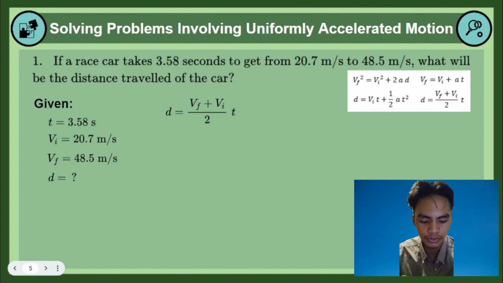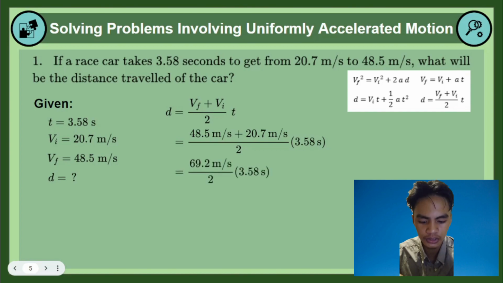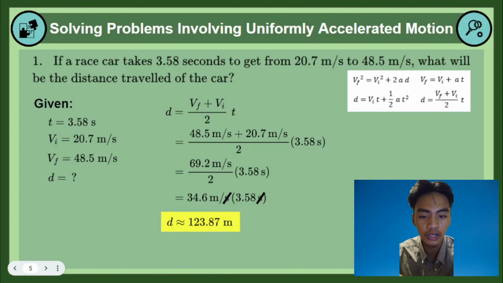Next, substitute the values and apply the operations. 48.5 meters per second plus 20.7 meters per second is 69.2 meters per second. Divided by 2 is 34.6 meters per second, times 3.58 seconds is approximately equal to 123.87 meters, which is the final answer.